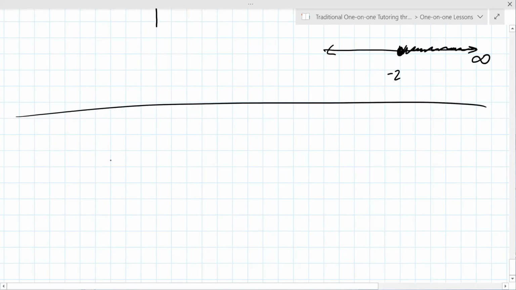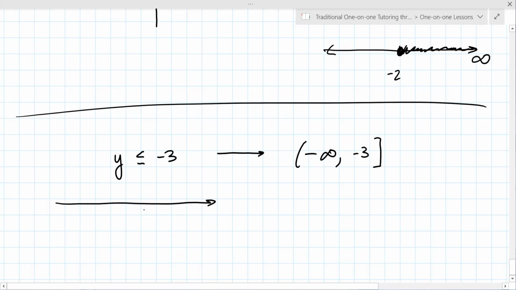So let's say it's y less than or equal to -3. So this would be -infinity to -3, because graphically, here's -3. It's all of these numbers.